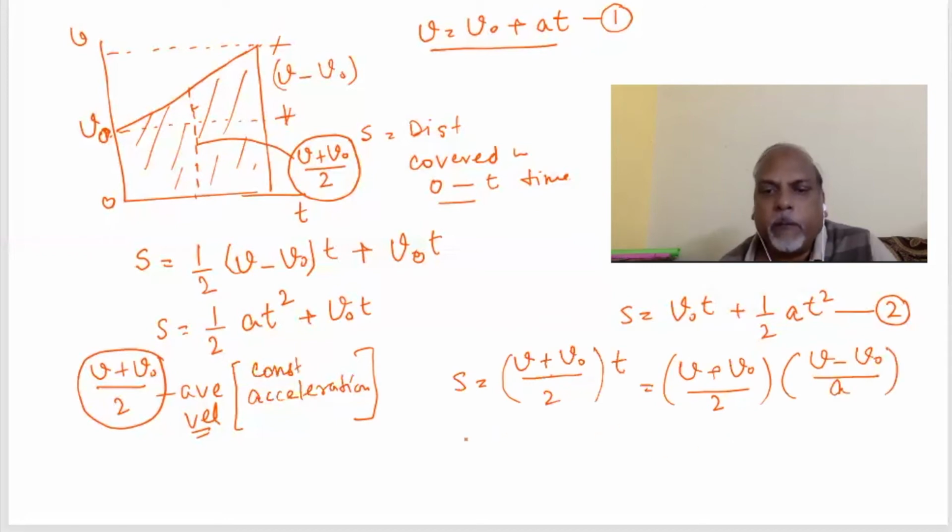That means s is equal to (v square minus v0 square) upon 2a.